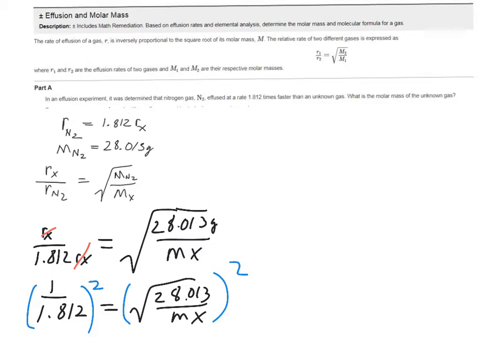So I have 1.812 inverse, then I square it, which gives 0.30457 equals 28.013 over Mx.